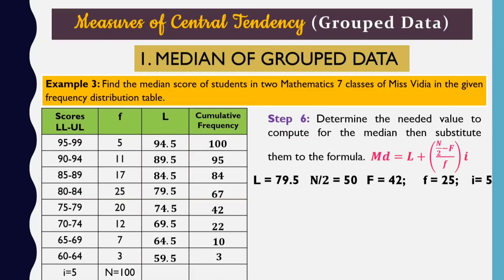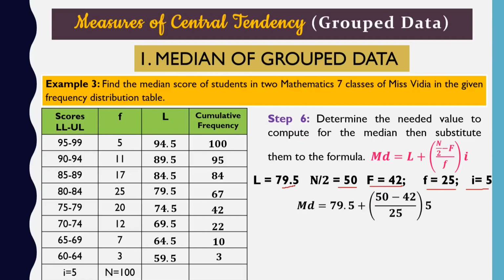Once again, the value of L, or our exact lower limit or lower boundary, is 79.5. The value of n over 2, or our median class, is 50. And then the cumulative frequency is 42. The frequency of the median class is 25. And the interval is 5.